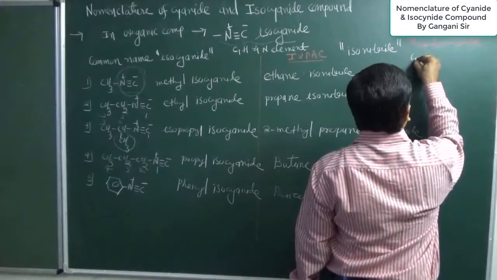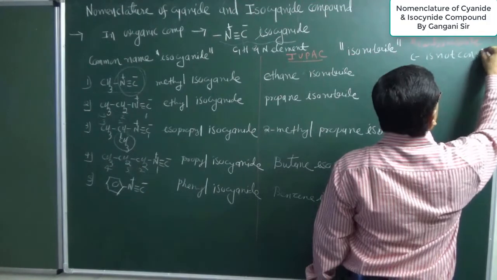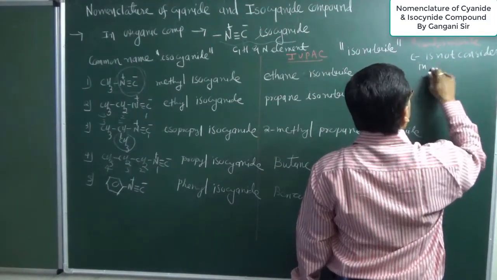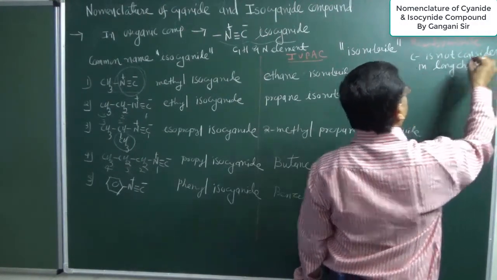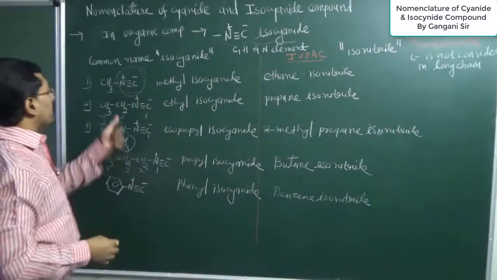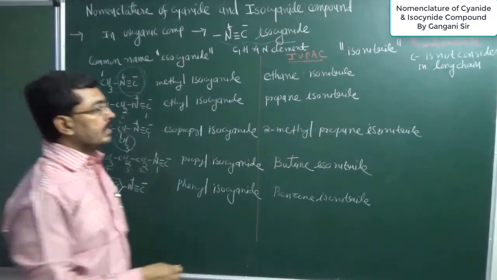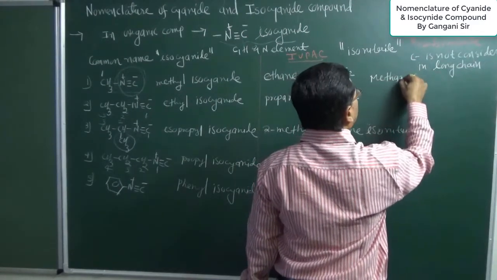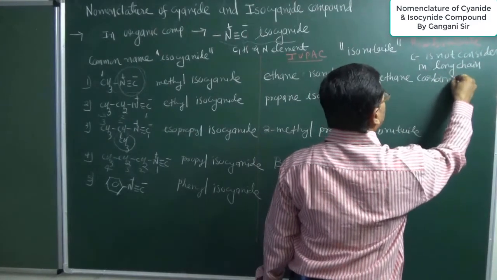So most important thing, carbon is not considered in long chain. So by using this method, we can give name. Now you observe how many carbons remain other than this, then 1. So name of this compound we can give methane. Then remaining suffix will be carbonitrile.